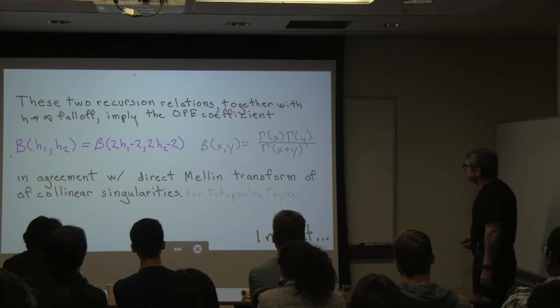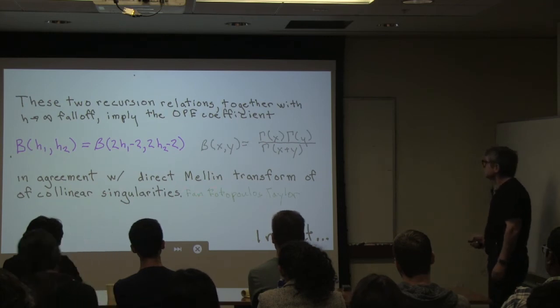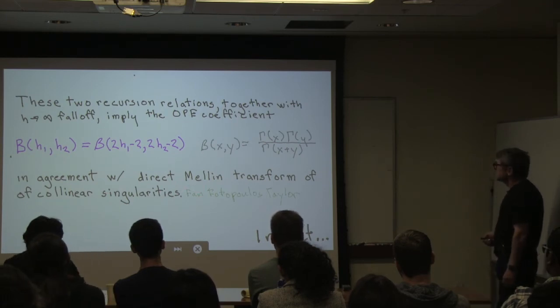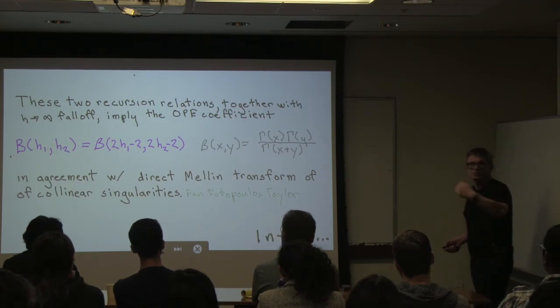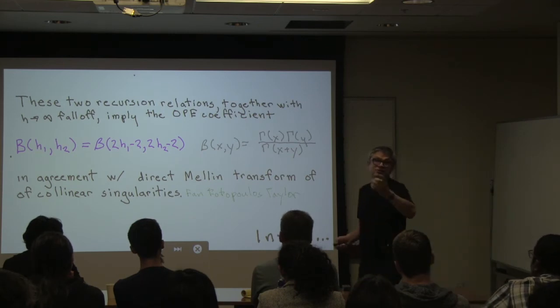Now it so happens that Fan, Fotopoulos, and Taylor had already calculated this a much longer way by directly doing a Mellin transform of the collinear singularities.